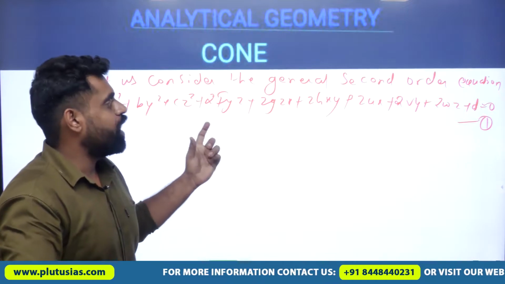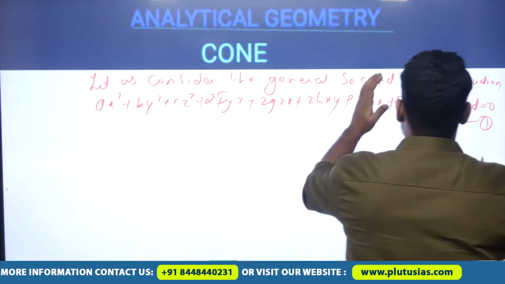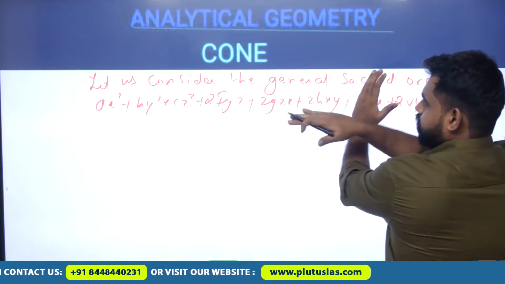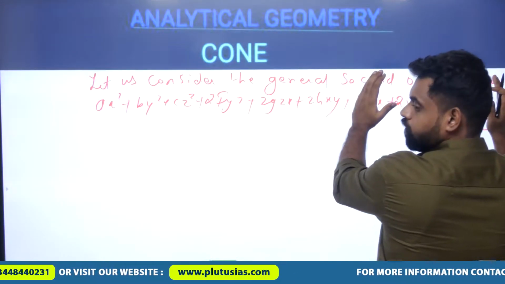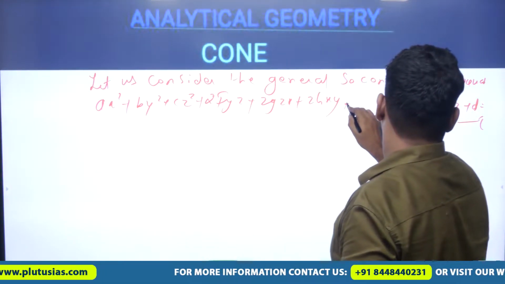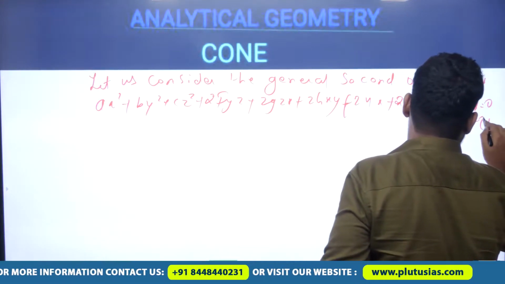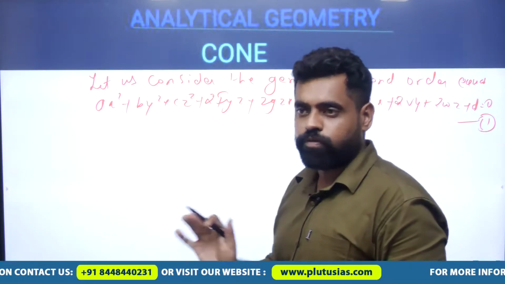It means that if the vertex is 0, then you will only get these second degree terms, not these other terms. Say equation 1. Suppose this is the equation of the cone.